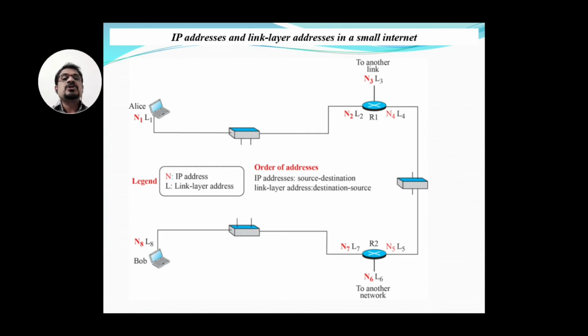Whenever it is N1 and L1, from the source node it reaches the designated router or networking device. Once it reaches that point, the router replaces only the link layer addresses. As the data moves from one node to another, the IP addresses remain static and constant.